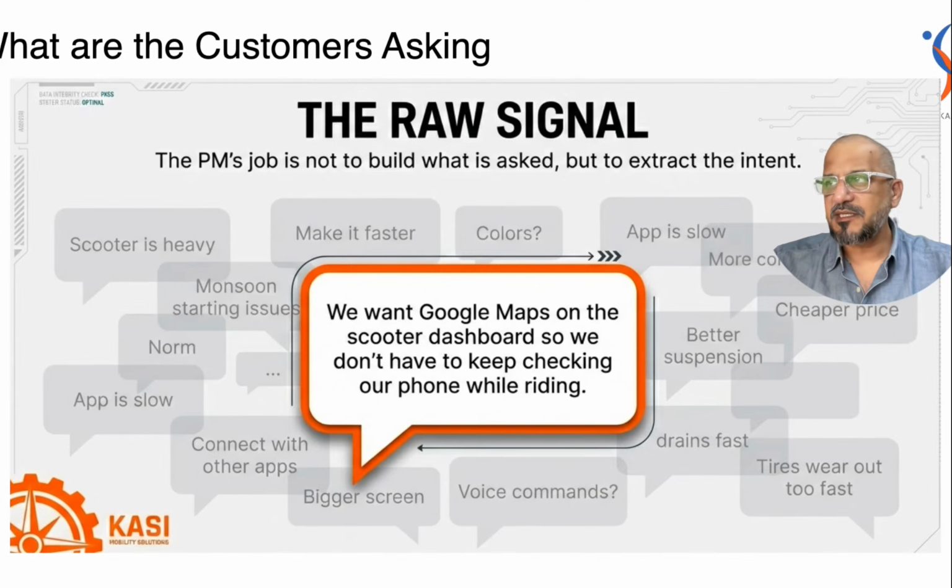Or somebody says, hey, I did not buy your product because there is no Google Maps integrated, right? You have your own satellite navigation system in the scooter, but that doesn't help me. I'm so used to Google that, why are you breaking my habit? Just keep me in my habit. So all that I mentioned are the signals coming from the customers themselves.